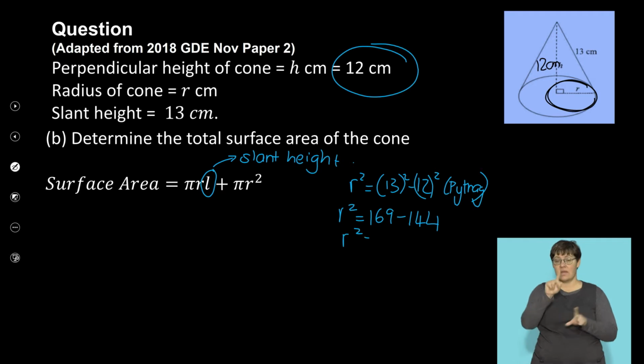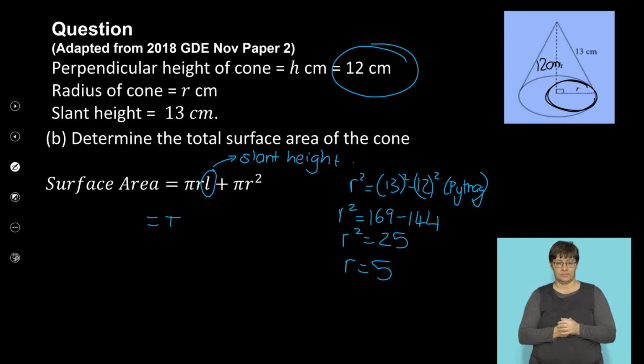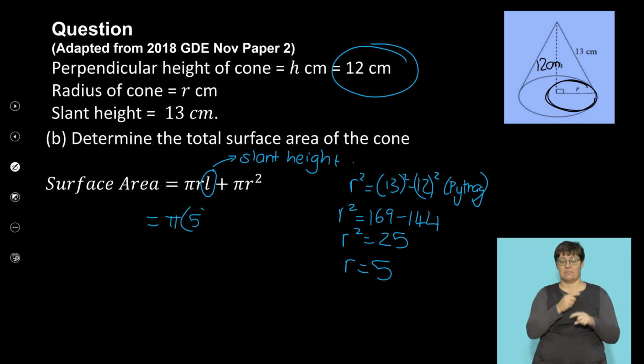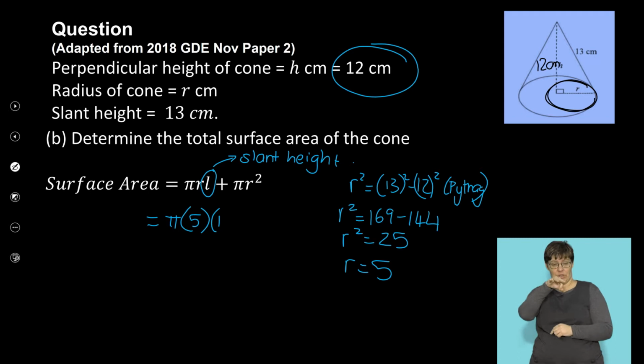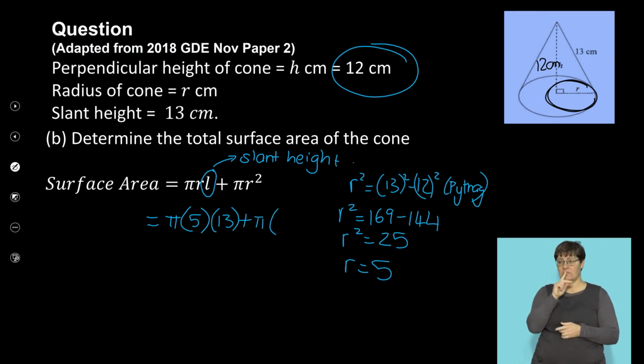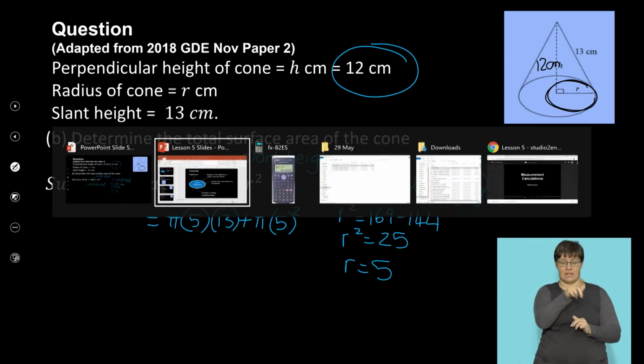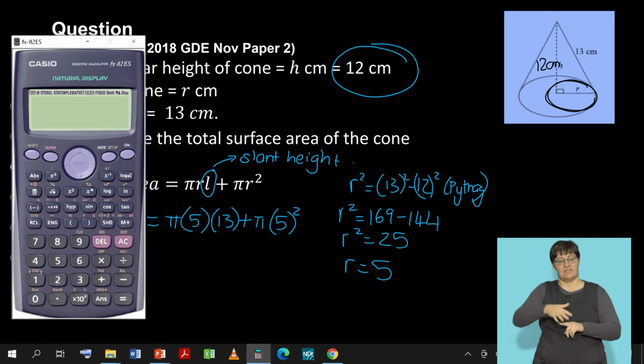So r squared is equal to 25, and if I square root that, I can see that my radius is 5 centimeters. So I can now substitute into my surface area formula. It's going to be pi times 5 times my slant height, which is 13, plus pi times r squared, which will be 5 squared. Now we can plug this all into my calculator to determine the surface area.